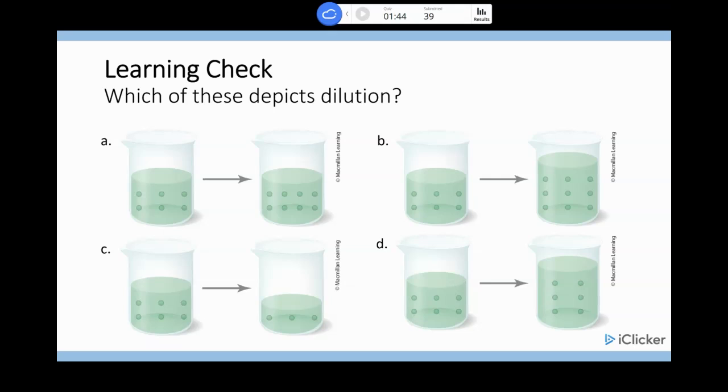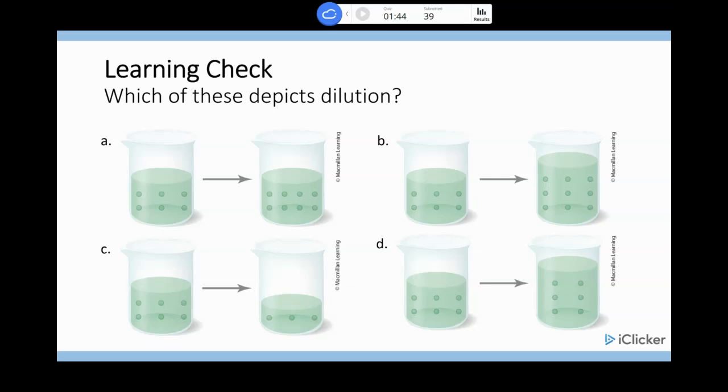Someone that didn't pick C, will you explain why this is not dilution? We poured half of it out, yeah. So we have about half the volume and half the number of solute particles. So if we assume the volume is half, then we have the same concentration. Decrease the solute particles by 1/2, and we decrease the solvent by 1/2.